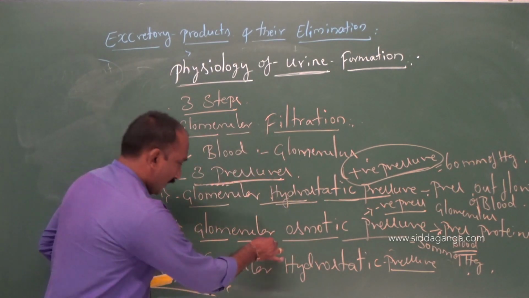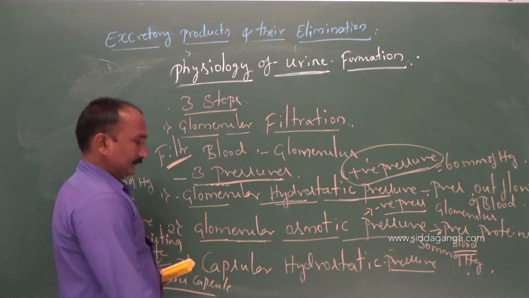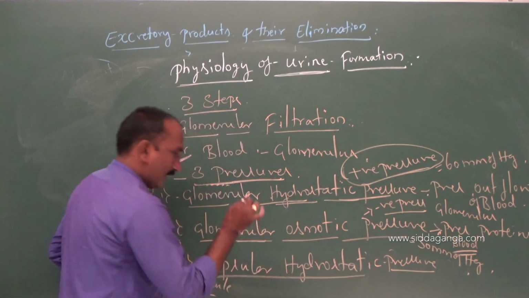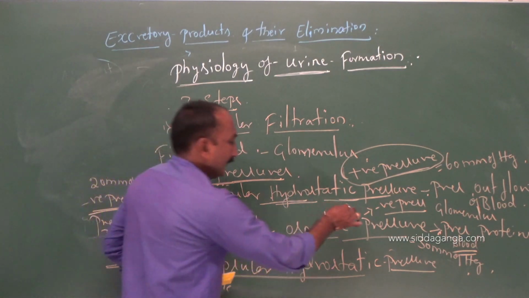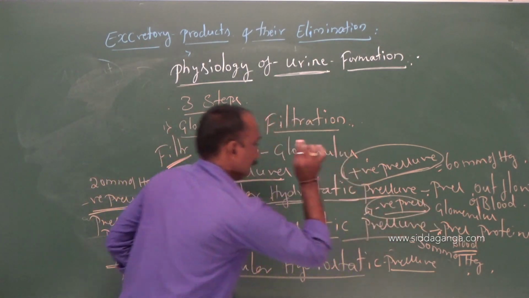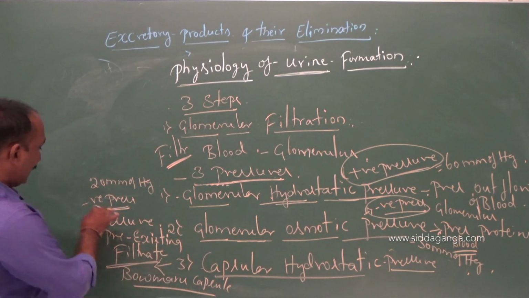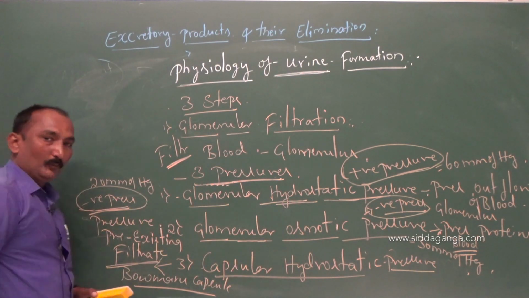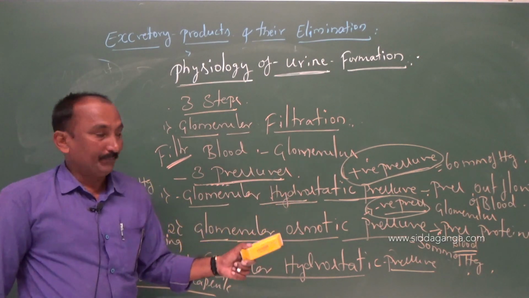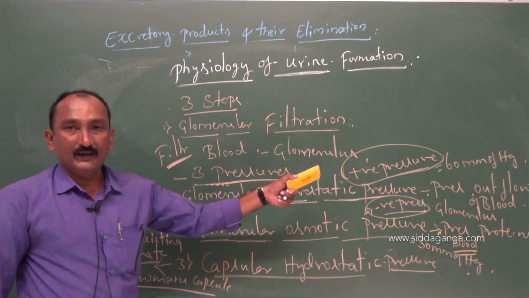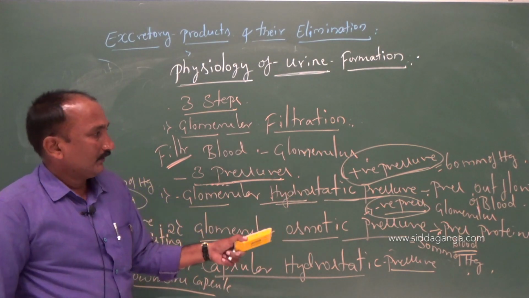While glomerular osmotic pressure as well as capsular hydrostatic pressure are both negative pressures, since they do not support the filtration.